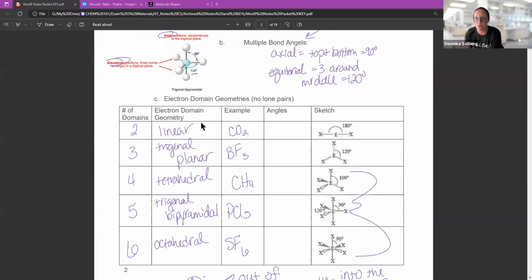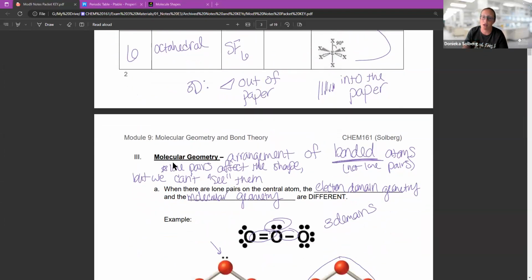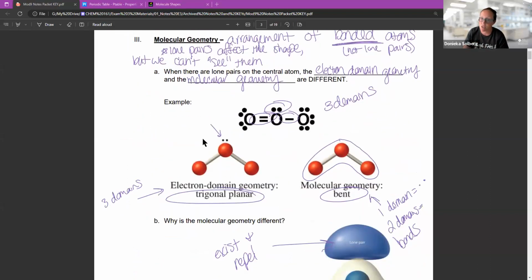It is also linear for molecular geometry. It's only when you start having electron pairs on the central atom that you get differing molecular geometry. So instead of this one being trigonal planar, which is its electron domain geometry because it's got 3 domains, it's actually called bent because what we see is bent.